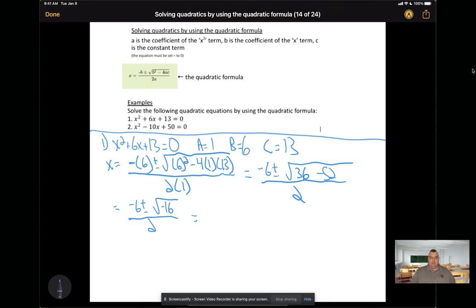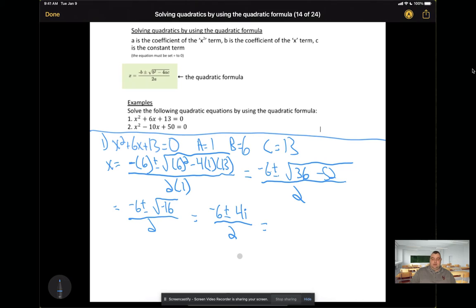The square root of negative 16, we should know how to do with imaginary numbers. We know that the square root of 16 is 4. So the square root of negative 16 is going to be 4i. So this becomes negative 6 plus and minus 4i divided by 2.